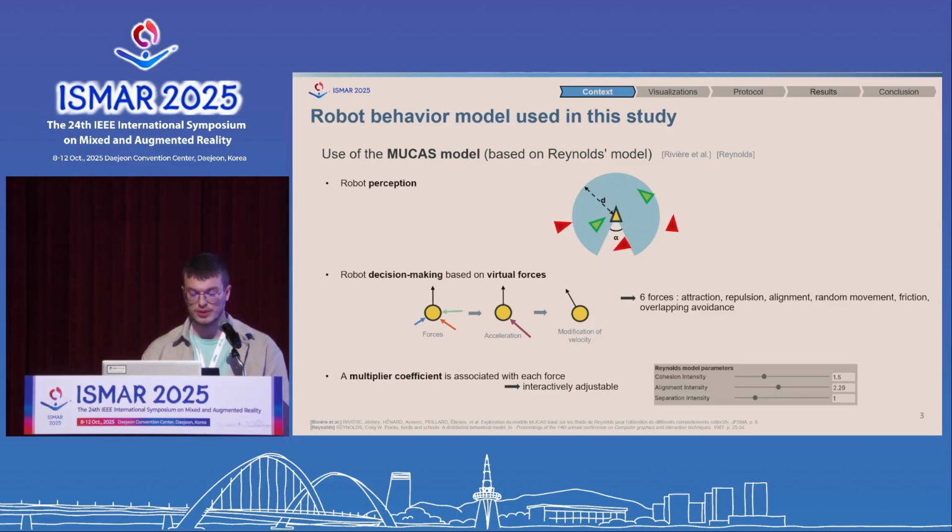Our robots move using a virtual forces-based system, so multiple forces will be applied to the robots depending on their states and the neighborhood. These forces are combined into an acceleration that will modify the velocity of the robot. To each of these forces, a multiplier coefficient is associated, which can be adjusted by a user in order to modify the robot behaviors.